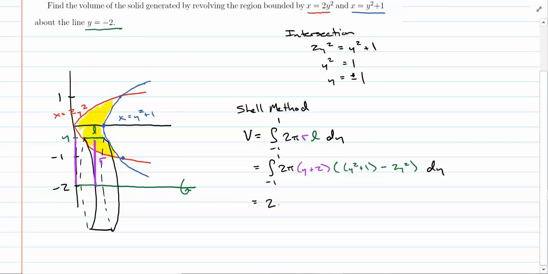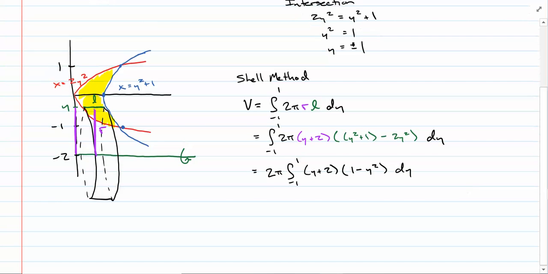We can pull the 2 pi out. Inside the green set of parentheses here, y squared minus 2y squared would be a minus y squared. So this would be 1 minus y squared here. We've got to FOIL that out.